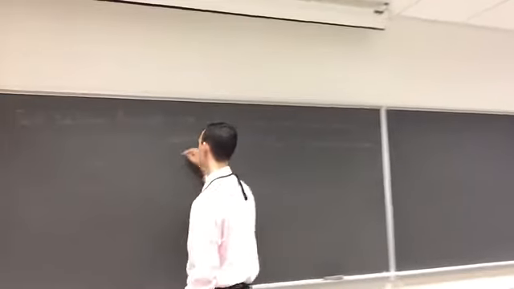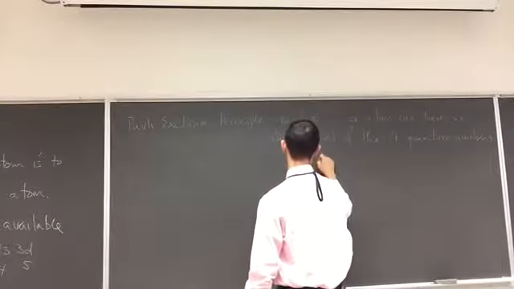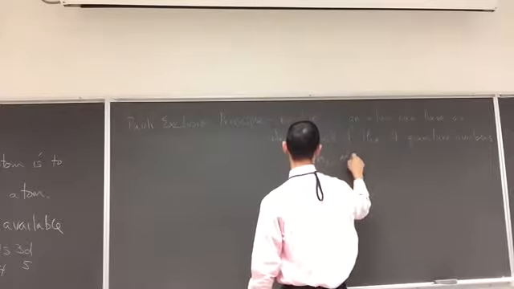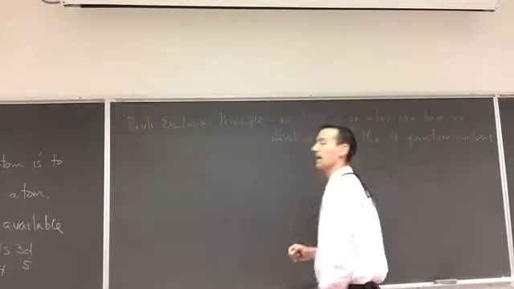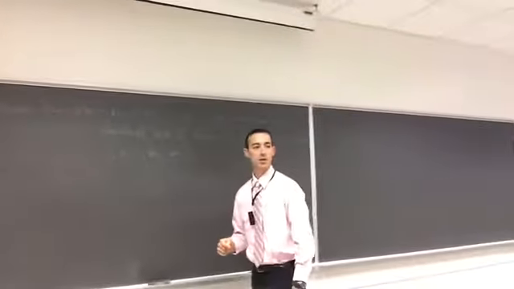The four quantum numbers, of course, being the n, the L, the m sub L, and then we didn't really talk about it the other day, the m sub s, spin quantum number.